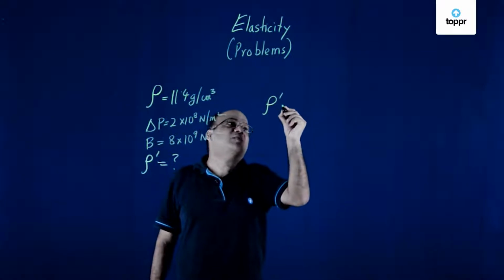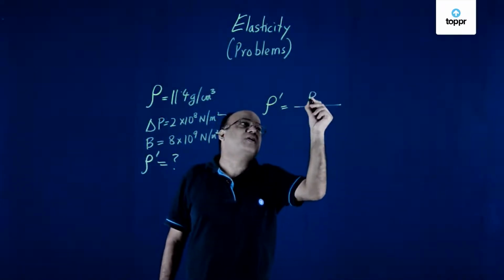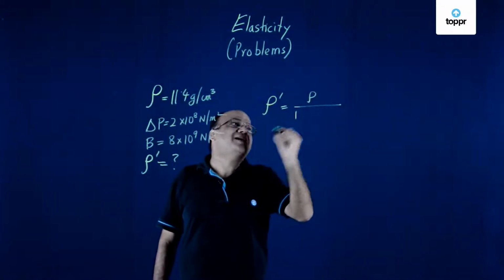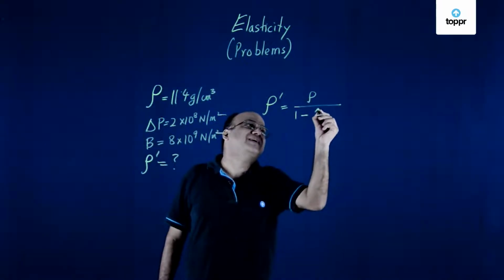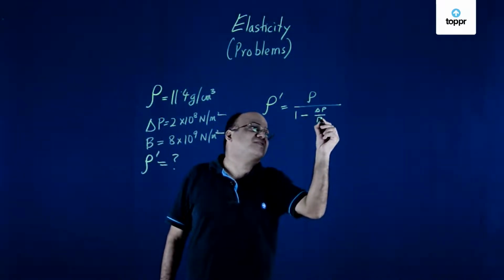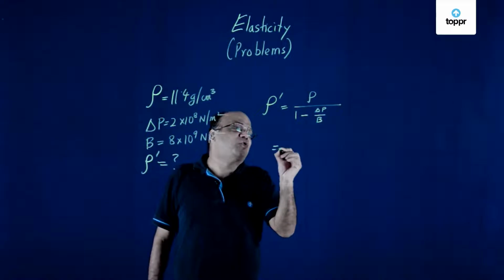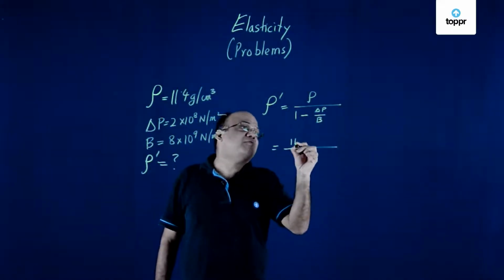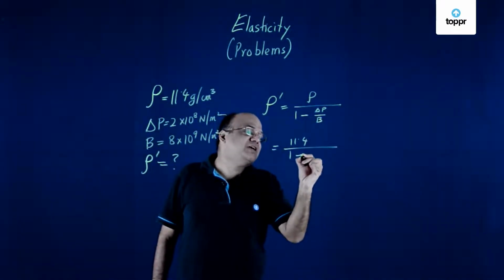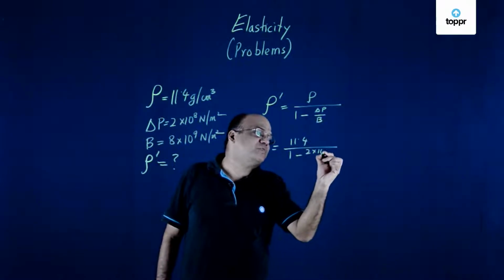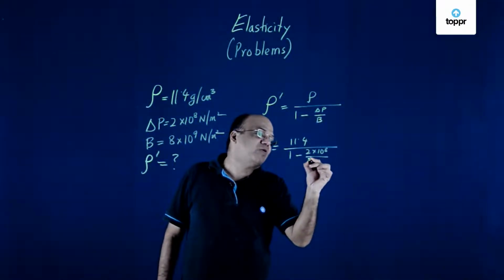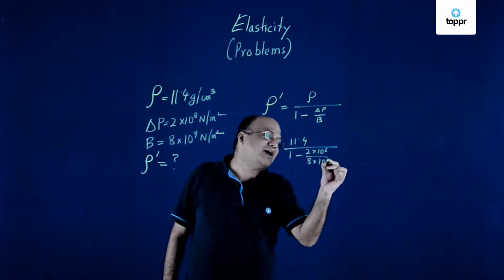New density will be given by rho divided by 1 minus delta P by bulk modulus. This is the formula. So rho is 11.4. The change in pressure is 2 into 10 to the power 8 and bulk modulus is 8 into 10 to the power 9.